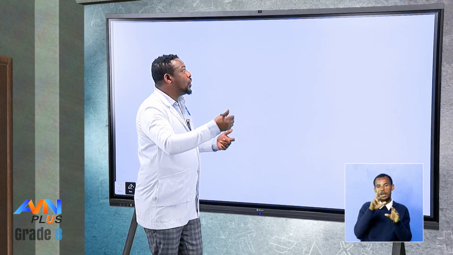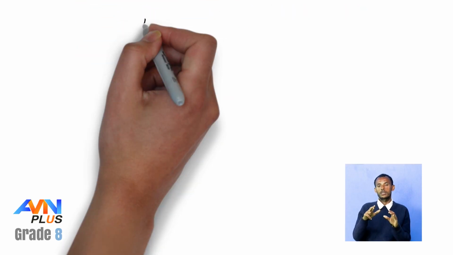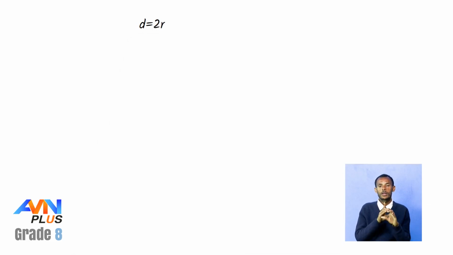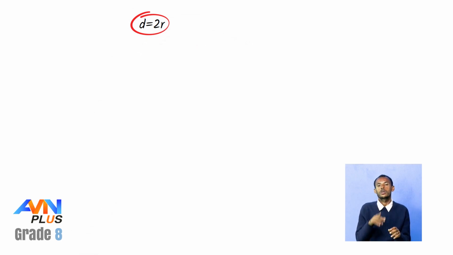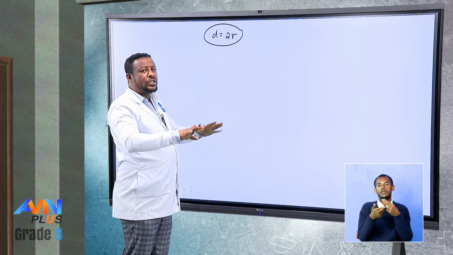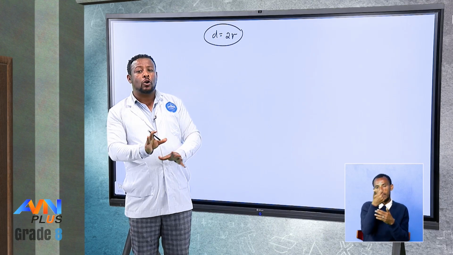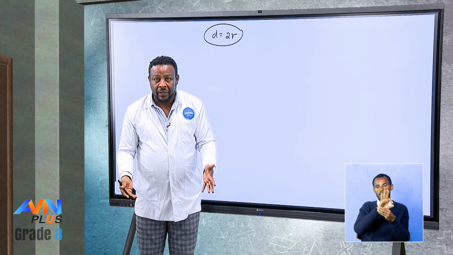Okay, so keep in your mind that the diameter is 2 times the radius. Okay, you need to know this relationship. Okay, without the need to prove it, if you sketch any circle, you can clearly observe that a diameter of a circle is twice the radius, right?